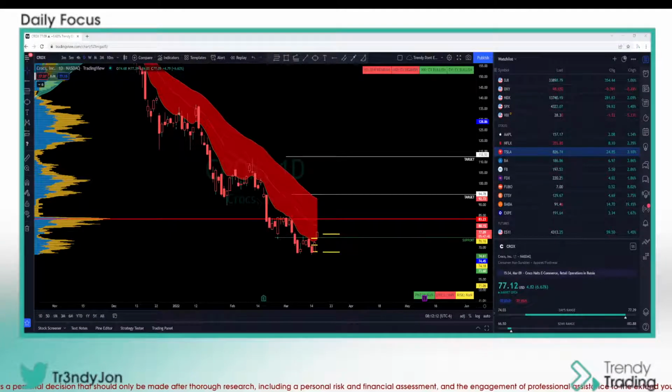We come over here to Crocs. Might do something in the cash account for this week. That's what I'm going to do. So the 80s look interesting on Crocs. I almost feel like I'll let them expire worthless. Or not worthless, sorry.